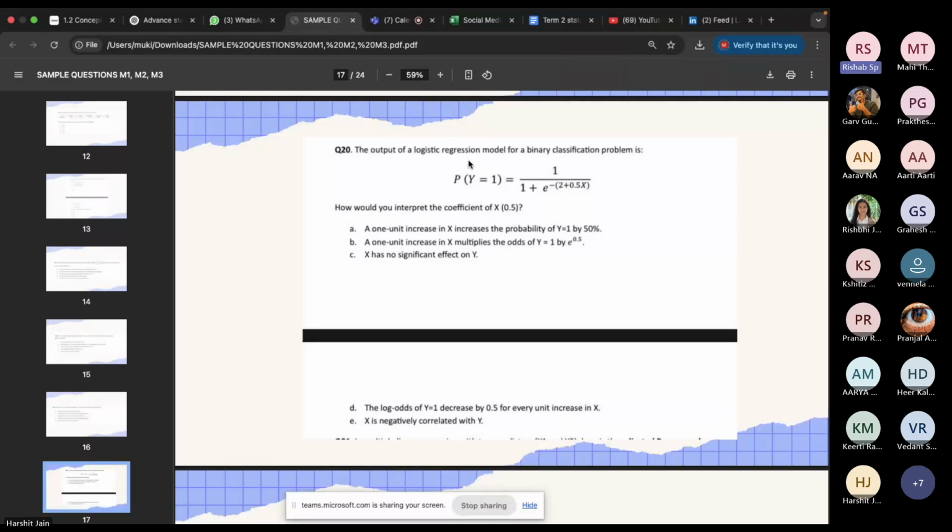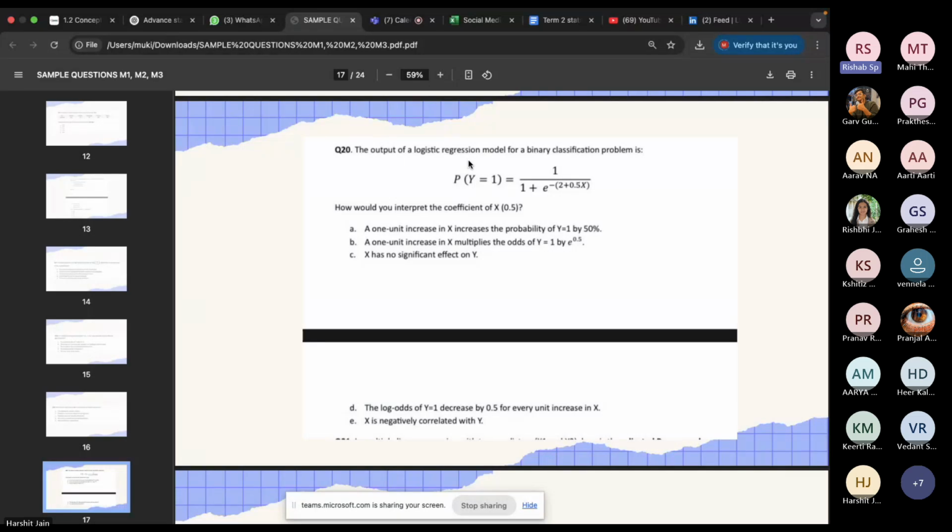Yeah, this I've solved. Here what I did was, the question is the output of a logistic regression model for a binary problem. We have an equation here. How would you interpret the coefficient of x? So basically, I equated the equation with x equal to 1 and x equal to 2.